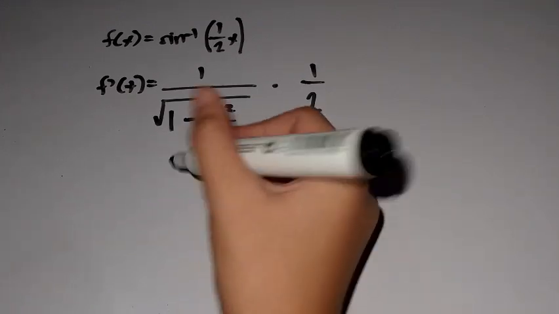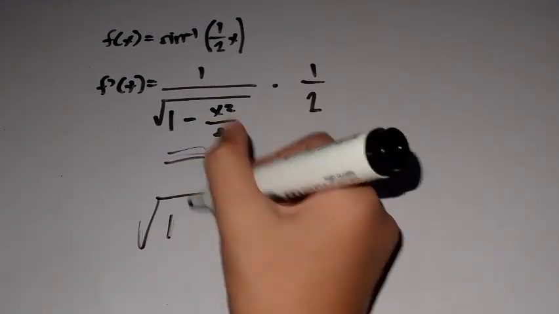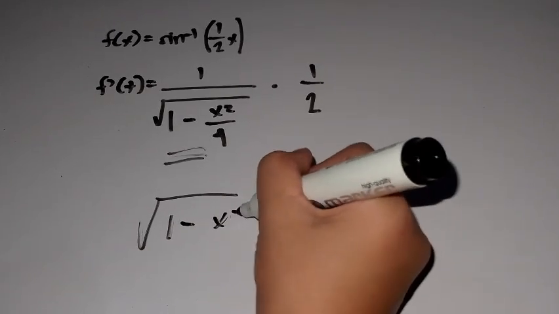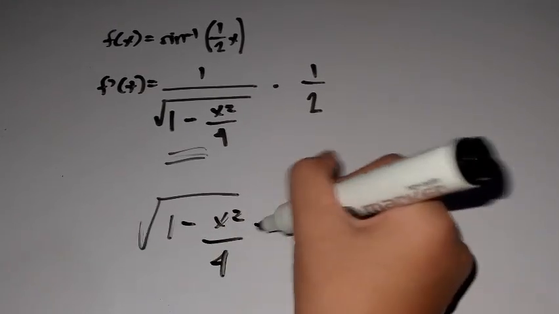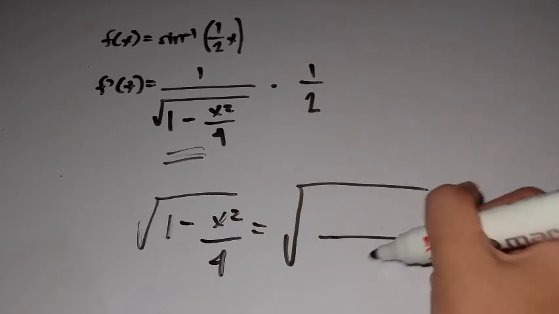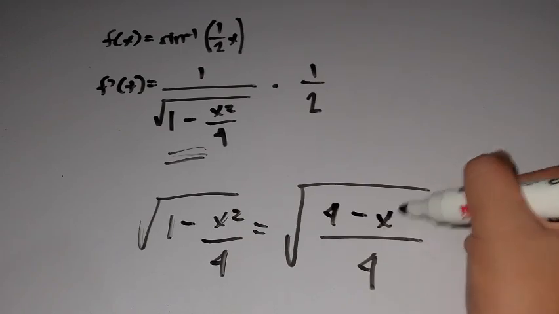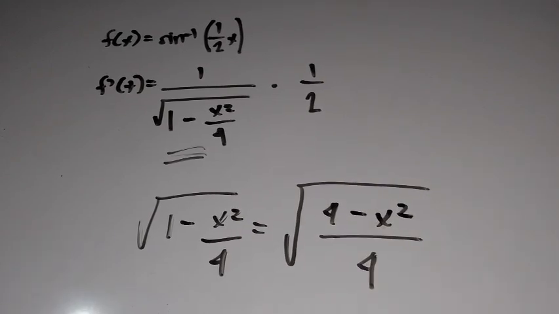So from this, square root of 1 minus x squared over 4 becomes square root of 4 minus x squared over 4.